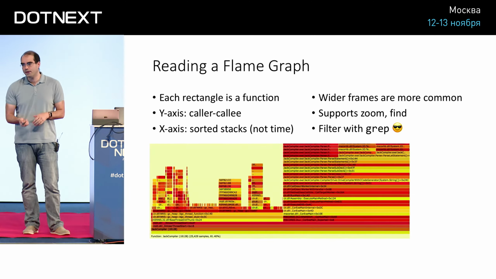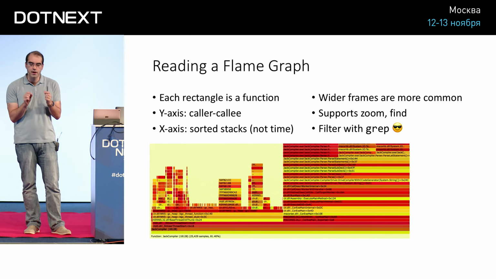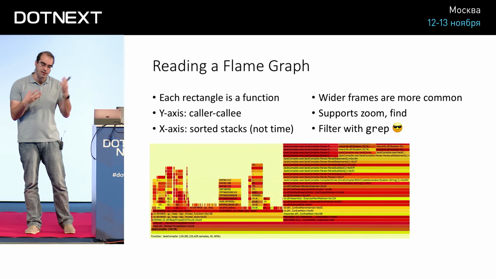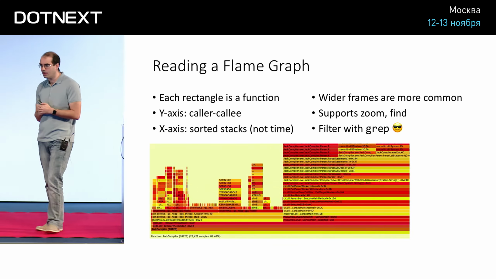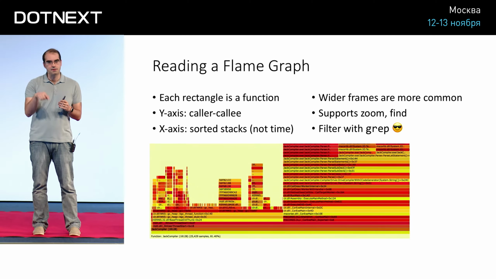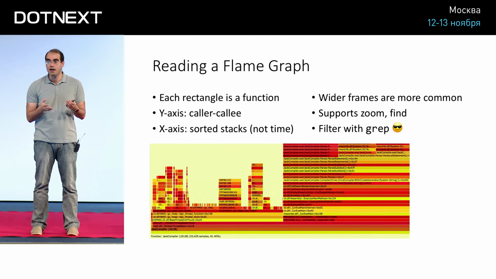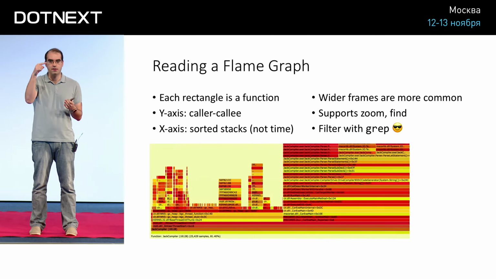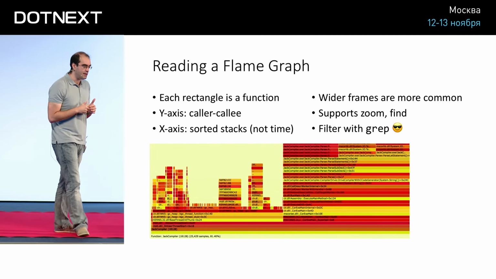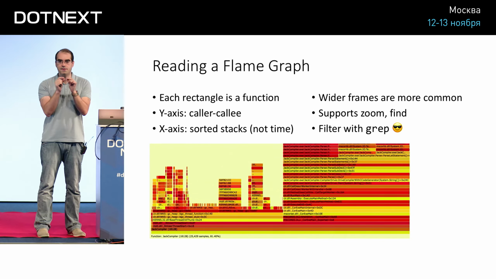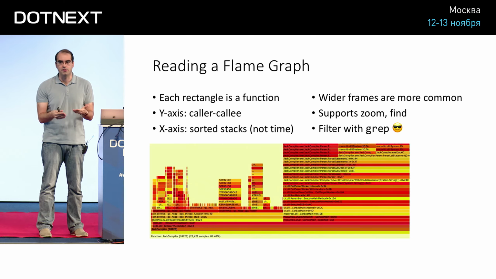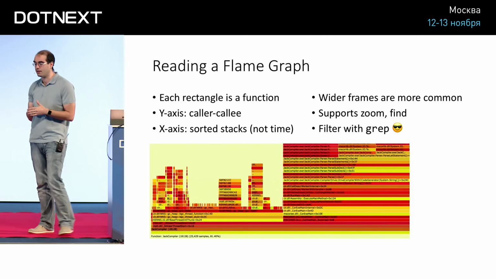And a flame graph is an interactive diagram where each rectangle you see is a function or a method, depends on what you want to call it. The vertical axis is the stack trace. Functions calling each other are shown vertically on the vertical axis. And finally, the wider something is, the more prominent it is, the more time you spent there, for example, the more stack traces like that you had.